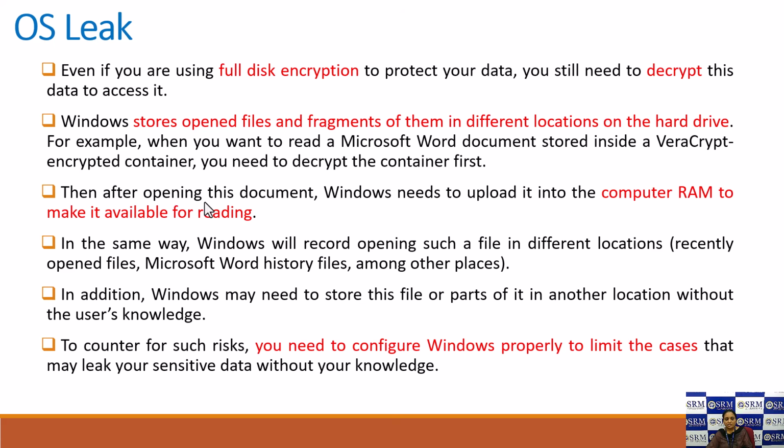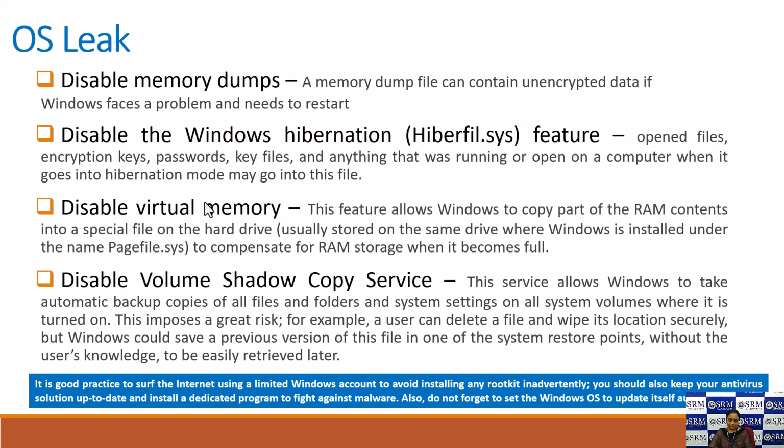In many places it gets stored, right? To counter such attacks, we have to configure Windows properly to limit these cases. We can do it, but we have to write a rule, or manually do it. In that way, we can fight the OS leak attack.